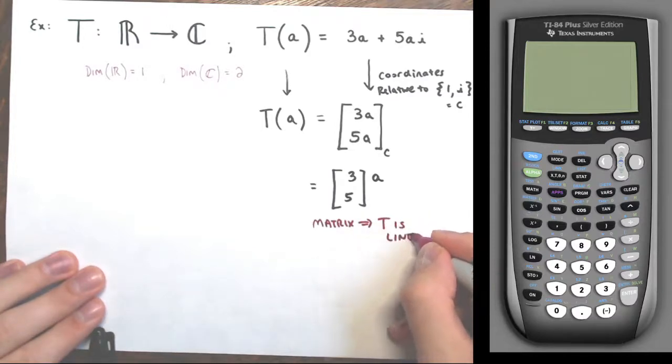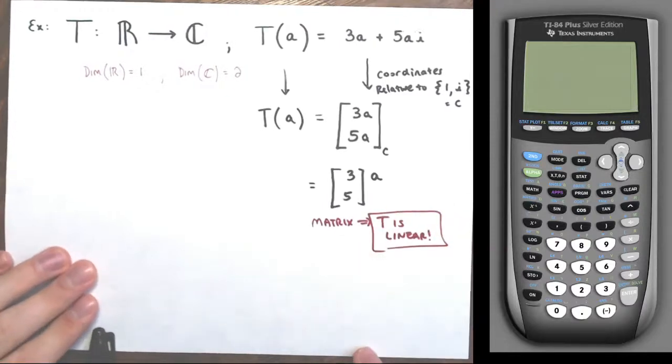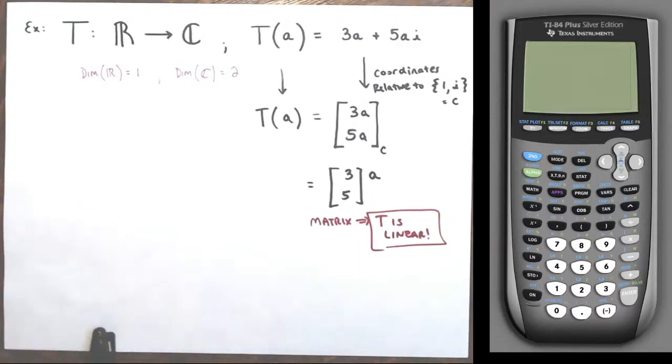Now, if you don't see it, go back and check the additivity property, the homogeneity property, and see if those work out. They should. But either way is fine: showing that it's a matrix transformation or showing that those additivity and homogeneity properties hold.